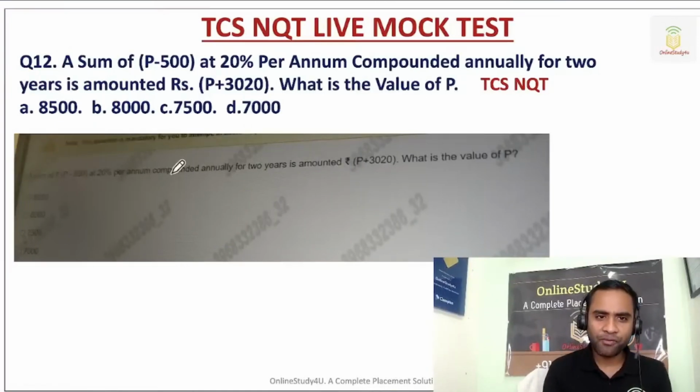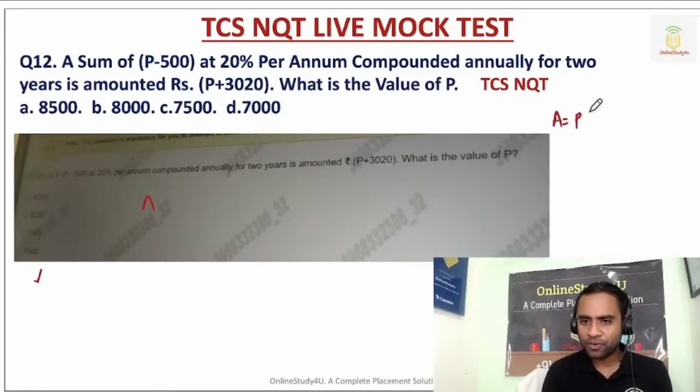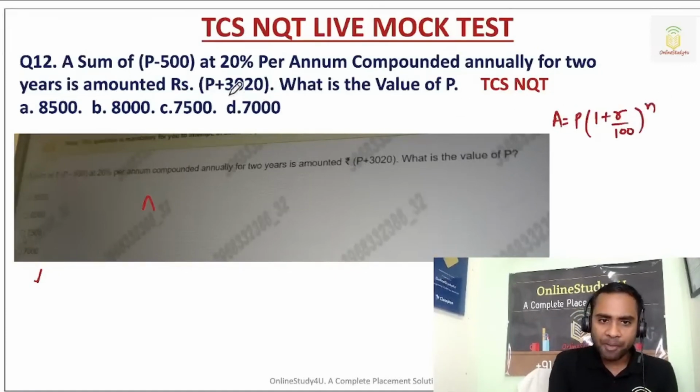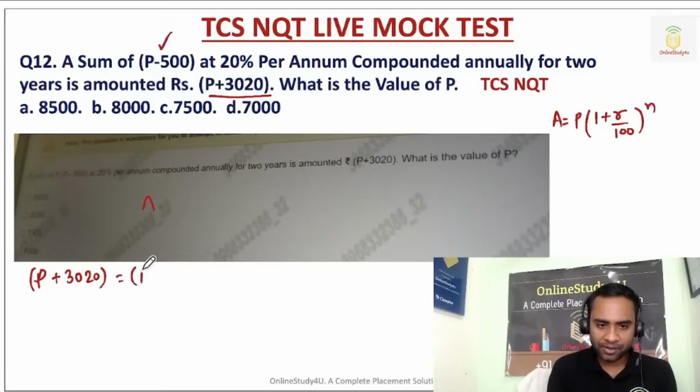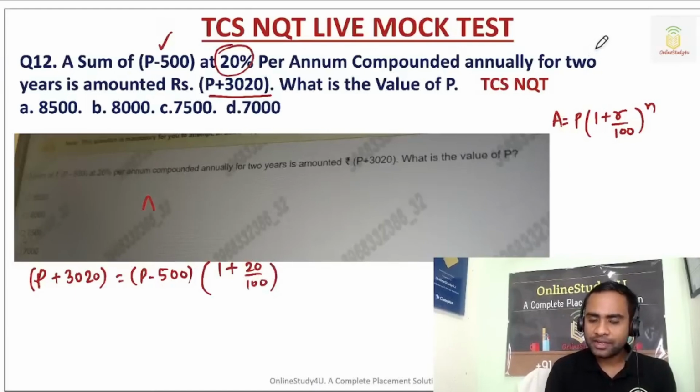A sum of P minus 500. I will write down the formula. Amount will be equal to principal into 1 plus r by 100 to the power n. Amount they have given is P plus 3020. Principal is P minus 500, into 1 plus rate, which they have given as 20, 20 by 100, and time they have given is 2 years, so to the power 2.